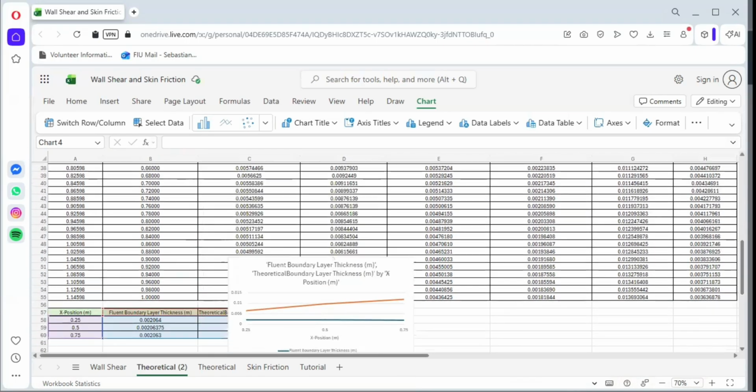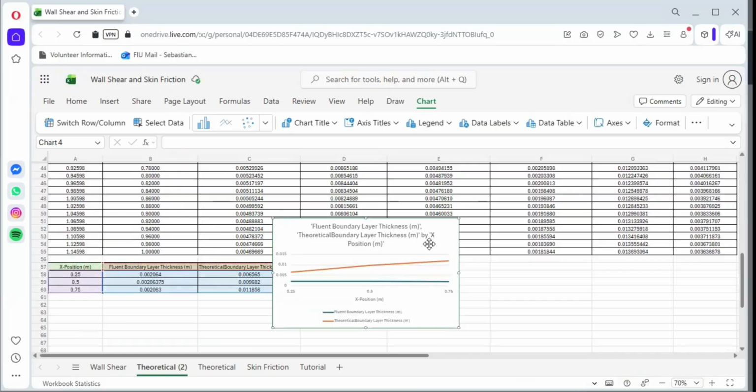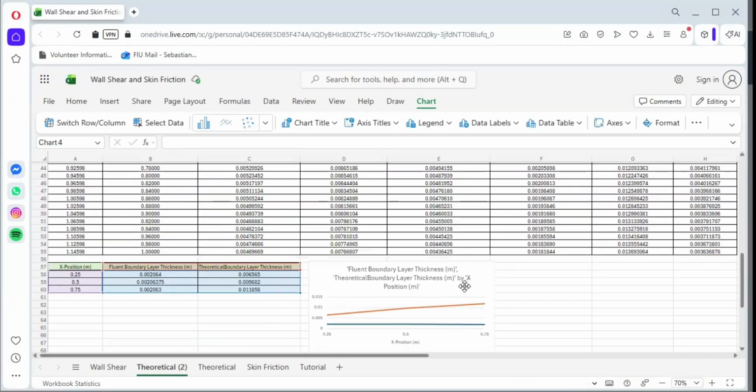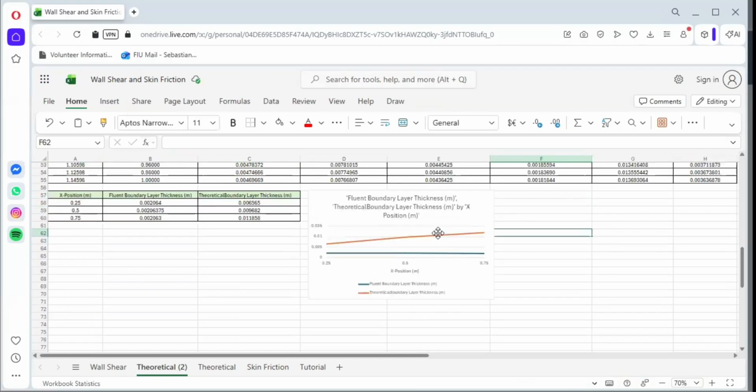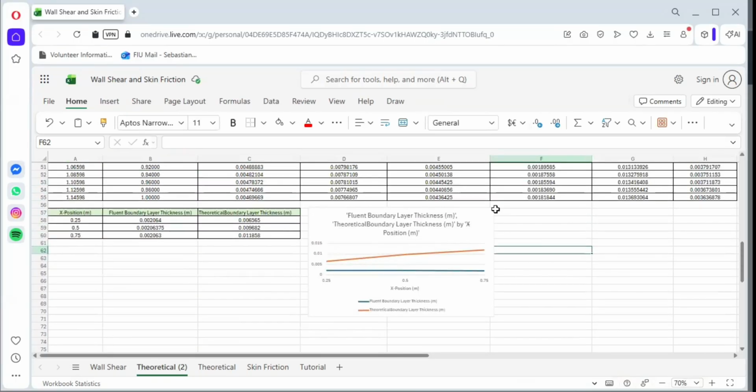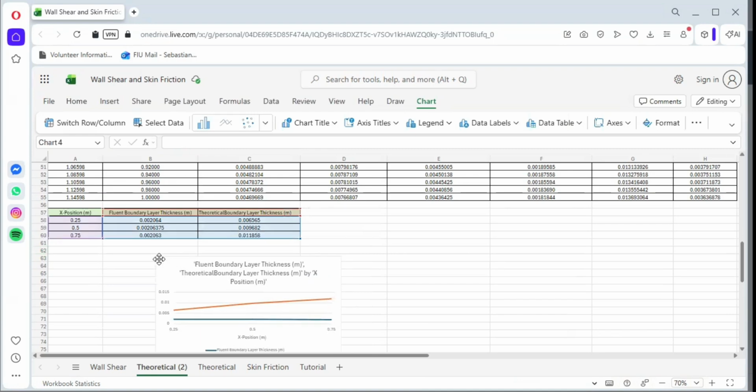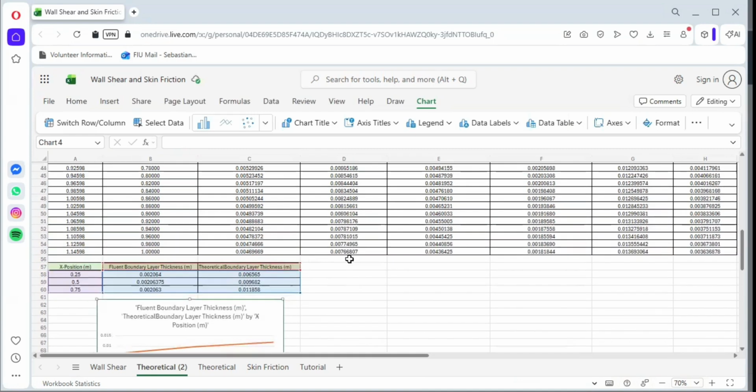Obviously in the submission, I've changed the title of the graph since it looks kind of funky, but here it is, the relationship between the boundary layers for Fluent and for the theoretical one.